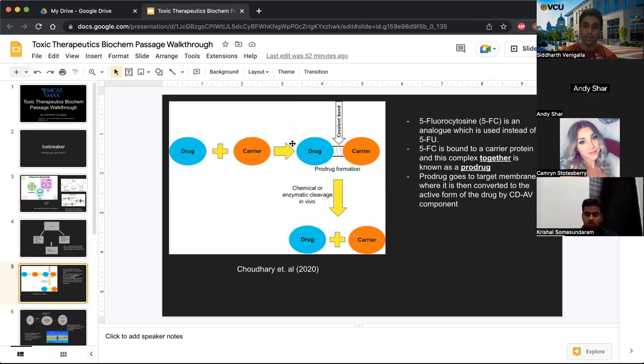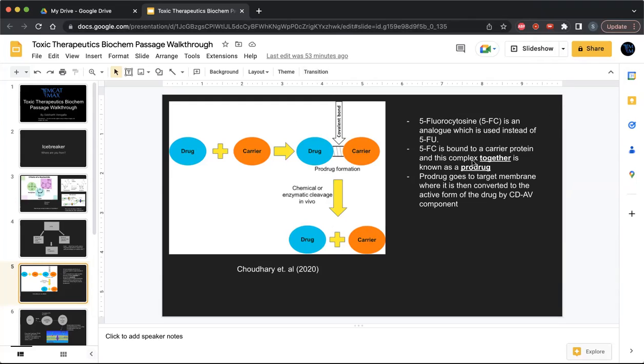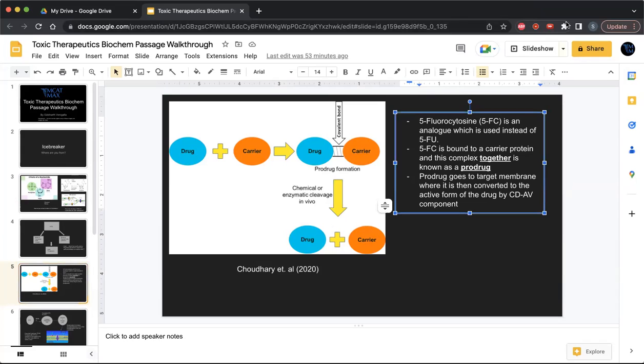And in this experiment, instead of using 5-FU, which we know binds to almost every cell, we're going to use an analog. An analog is something that is very similar, but has maybe a slight alteration. That analog of 5-FU is called 5-FC. So we're going to bind 5-FC to a carrier protein.